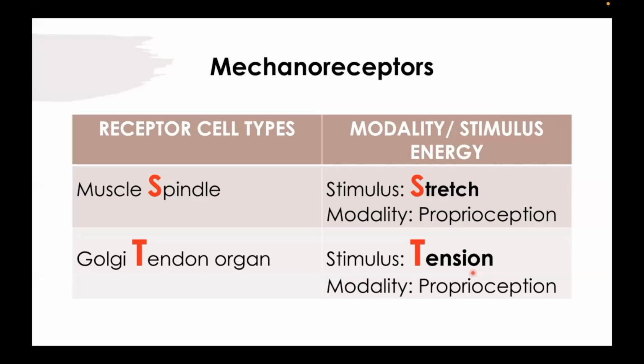Both the muscle spindle and the Golgi tendon organ are responsible for the modality of proprioception. Proprioception means position sense. So please take note of this.